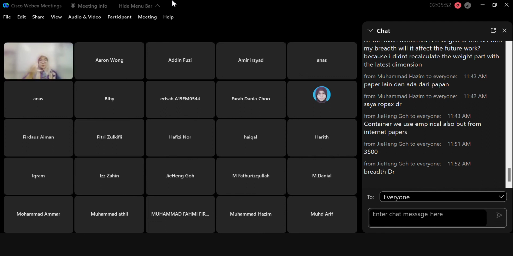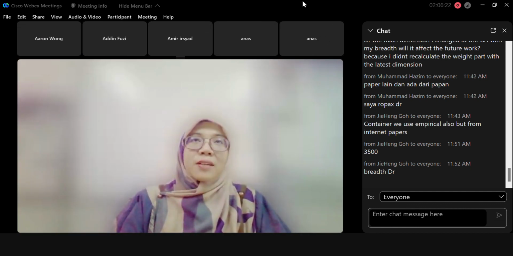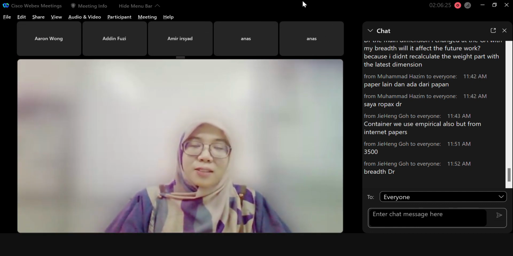So same for cargo vessel, Roro vessel, sorry, the Roro vessel last time, what Hazim's group did. Basically, they know the type of car, or the type of pickup last time. They know the dimension, the size of the car.